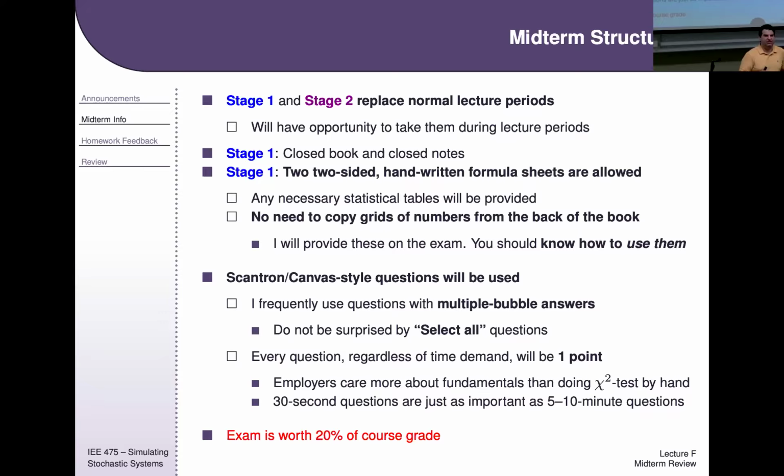Generally speaking, there's not a lot of variance in the points for the questions. If there's a question that asks you to fill in the blank 4 times, that might be worth 4 points, 1 per blank.